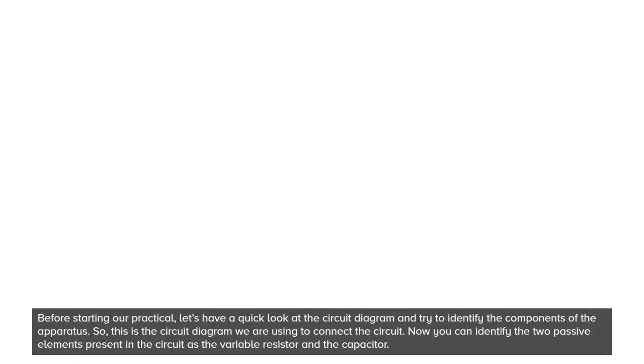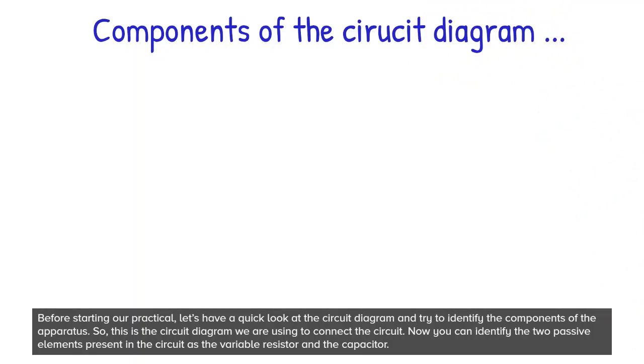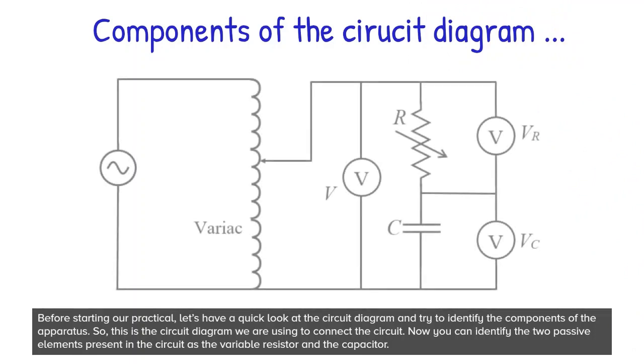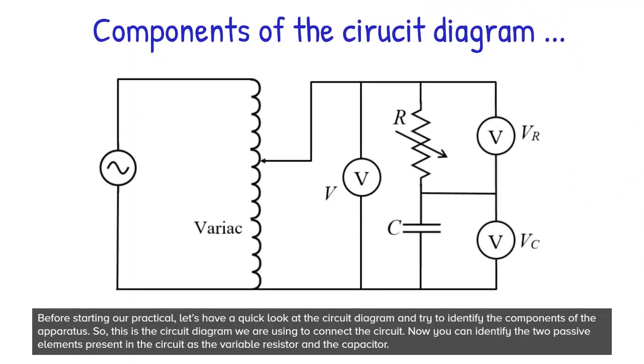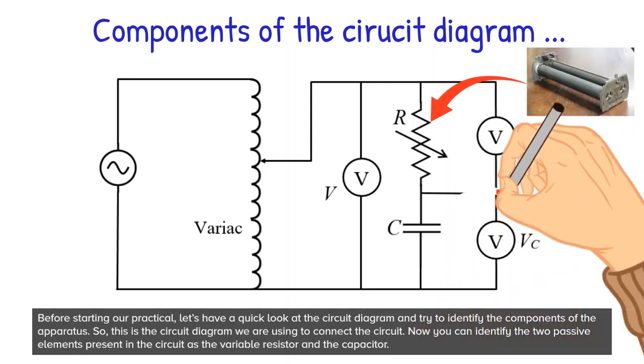Before starting our practical, let's have a quick look at the circuit diagram, and try to identify the components of the apparatus. So, this is the circuit diagram we are using to connect the circuit. Now you can identify the two passive elements present in the circuit as the variable resistor and the capacitor.